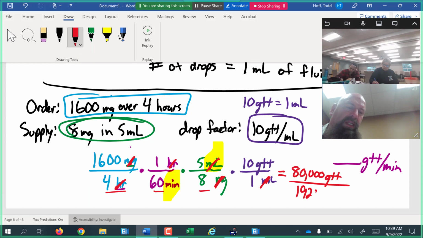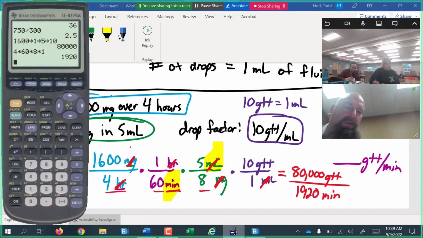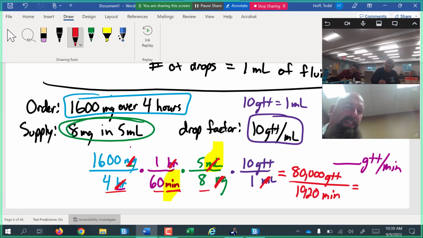The only unit down there is minutes, and we have to divide that out. 80,000 divided by 1,920 is 41.66, and we'll round that to 41.67. So 41.67 drops per minute.